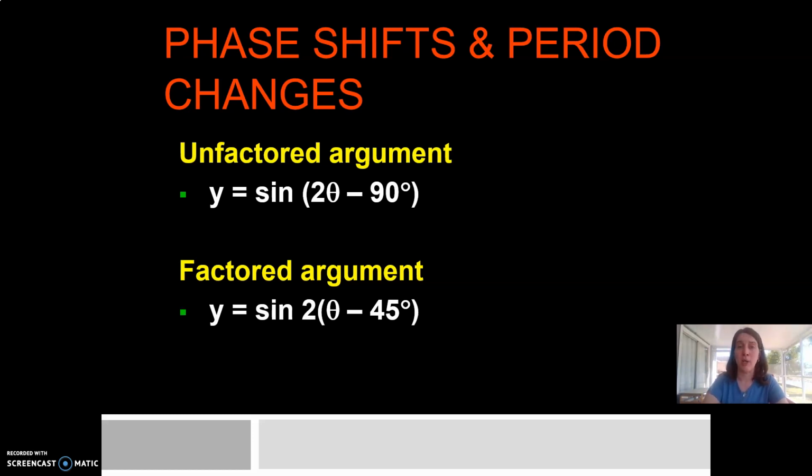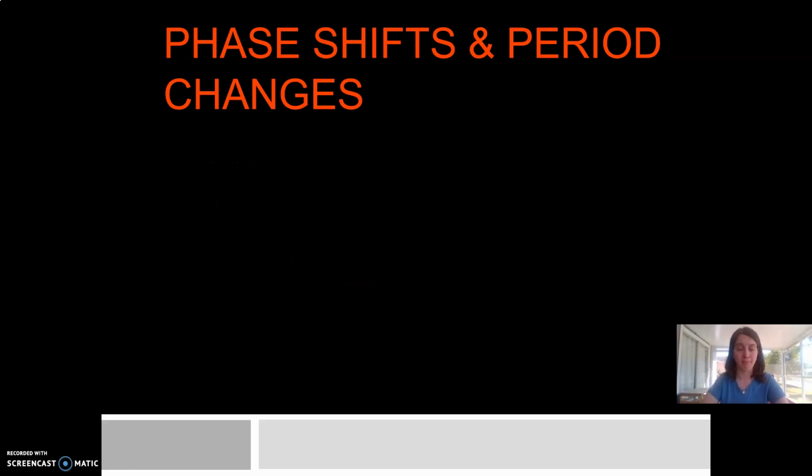I see that the period is 2, so it's going twice as fast. So the period rotation is 180 degrees. And then inside the parenthesis, I see minus 45. So that would actually tell me that the phase angle is 45 degrees. So always make sure that you're putting them in factored format, and I'll show you the equations that we'll be following as we look at our examples at the end of our lesson.